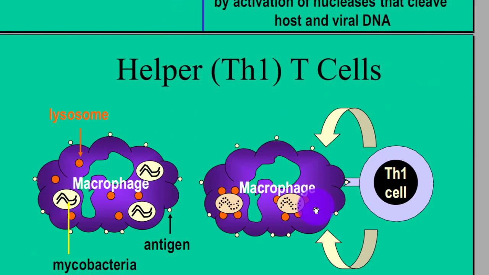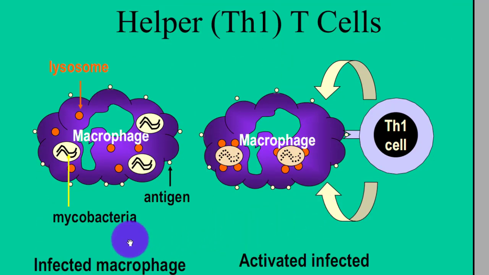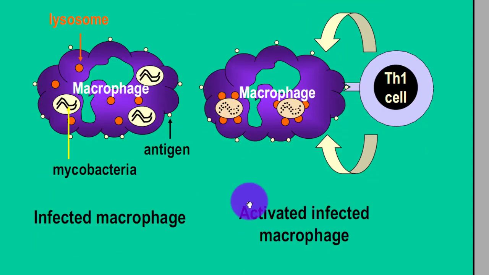Helper T1 cells: here mycobacteria inside the macrophage, and here is the antigen presented on the macrophage. Infected macrophages are activated; T helper cells recognize the macrophages.